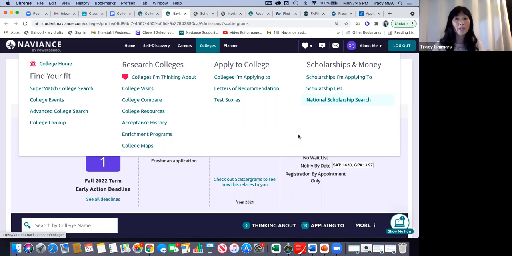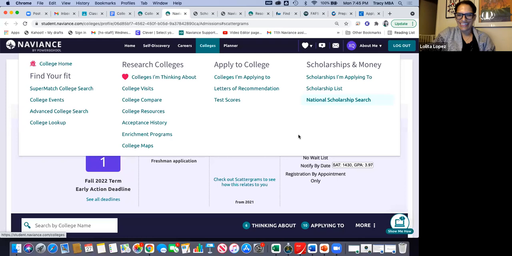So maybe that means they're going to go out of California to look for a nursing program. So it's just those kinds of little nuances to look at when your child is applying. And if they're going to the East Coast, do they like cold weather? You know, things like that. I mean, get ready for snow, people.